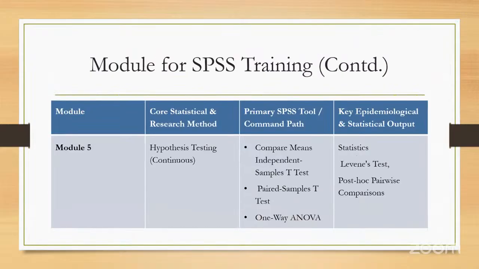Module 5 is around using more of numeric hypothesis testing, like independent t-tests, paired sample t-tests, the one-way ANOVA, the non-parametric tests like the Kruskal-Wallis test and the others.